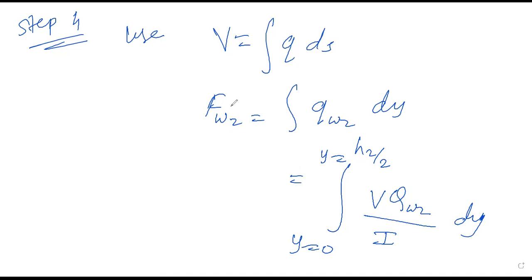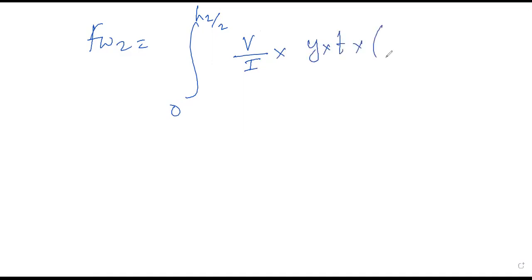So now by putting the values, FW2 is equal to integration from 0 to h2 by 2 of V by I. We are putting the value of q, which is nothing but y into t into h2 minus y, into dy.